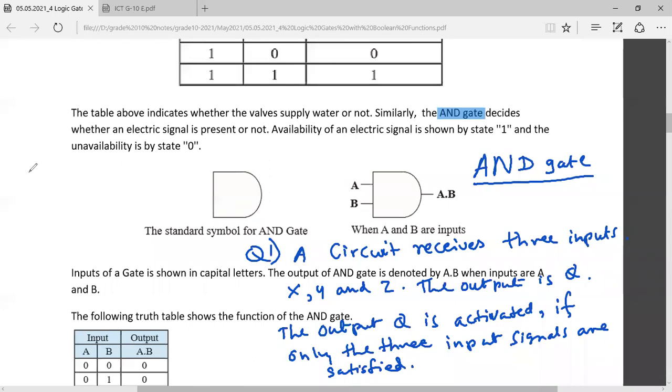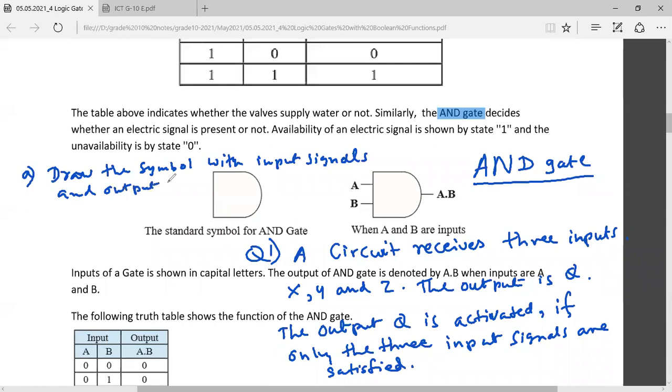Okay. A, draw the symbol with input signals and output signal.